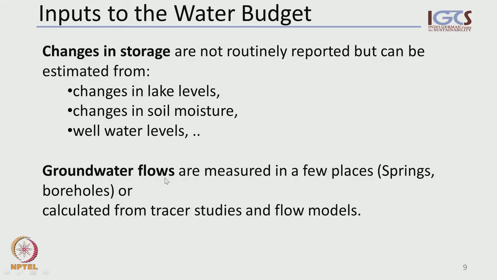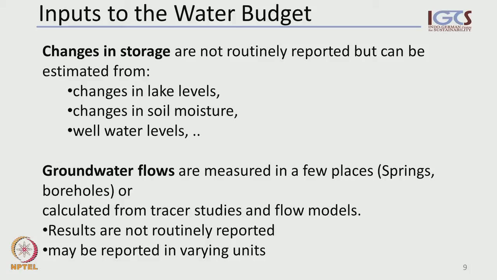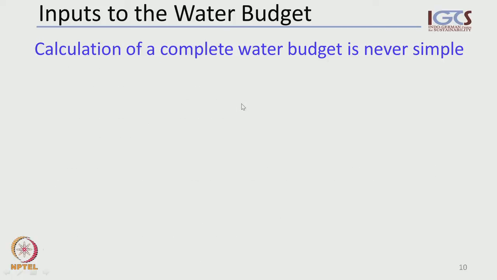And in most of the cases, we just calculate it from, for instance, tracer studies or from flow models. And that's a major missing piece in many of the water budgets because it's not being reported regularly or routinely, and it again may be measured in various units which do not facilitate the calculation in one and the same water budget.